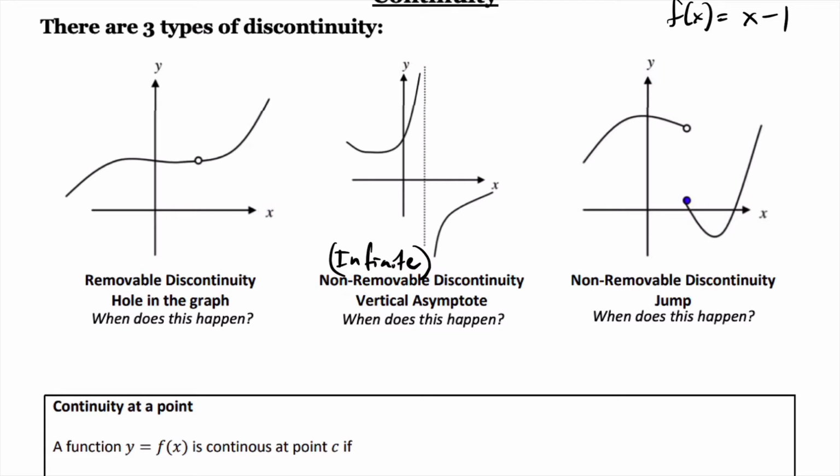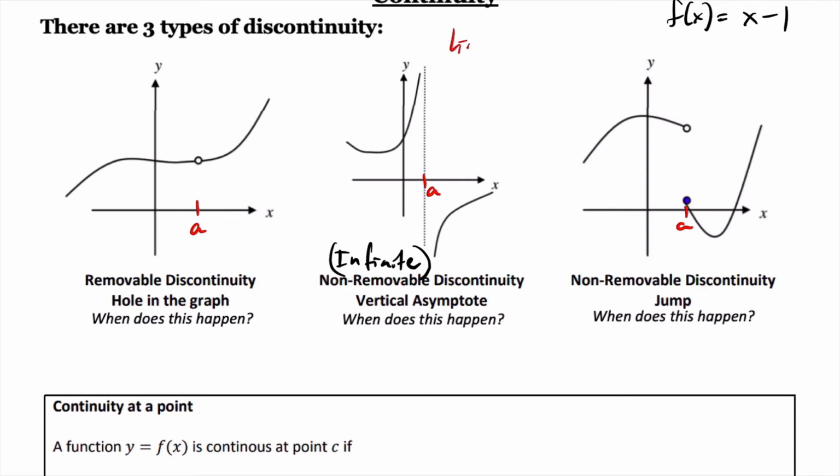So let's say we got this here. Let's call this A. So they're all at A, right? And where x is equal to A, which of those have a limit that exists at A?